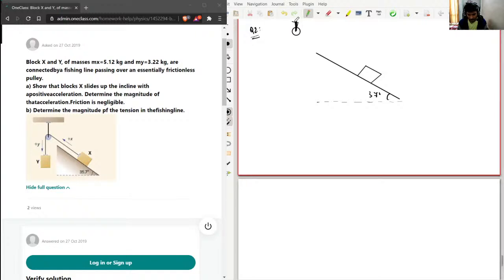This string will go here. And one box is here, and this string will come here.